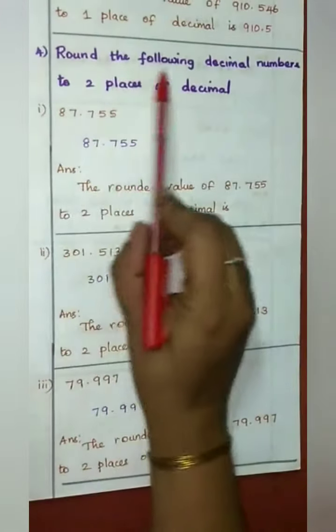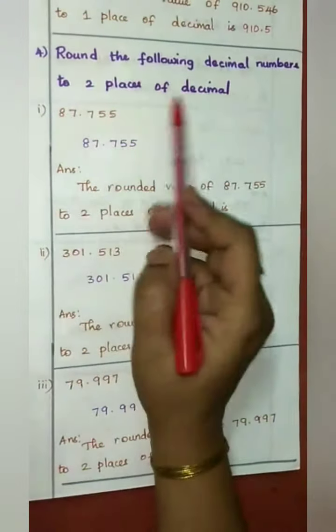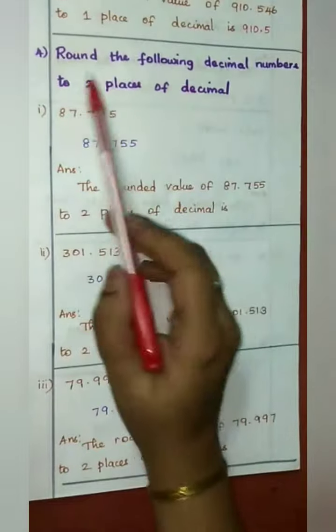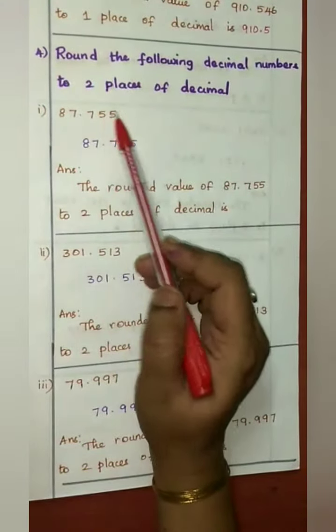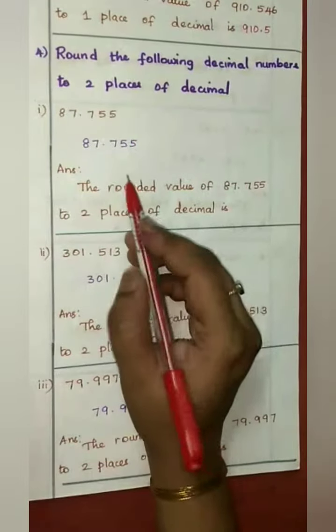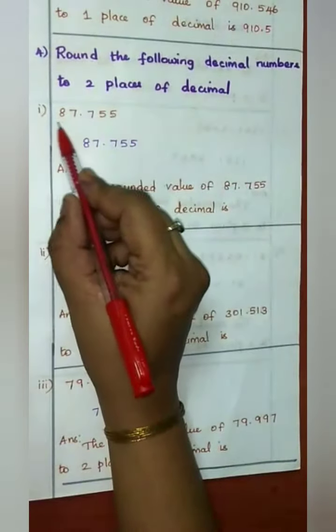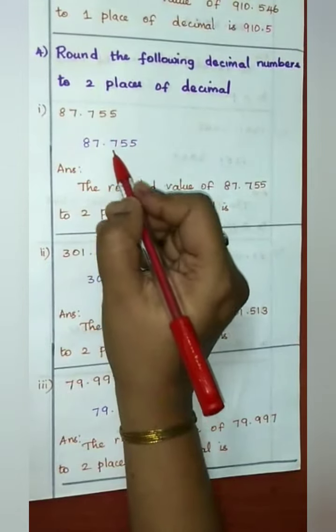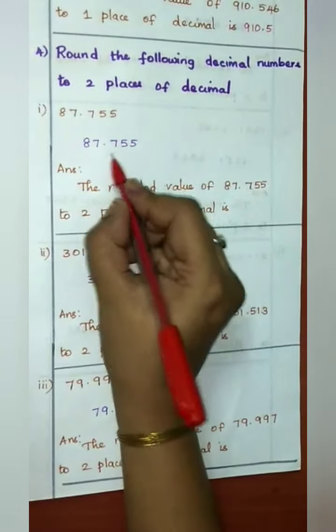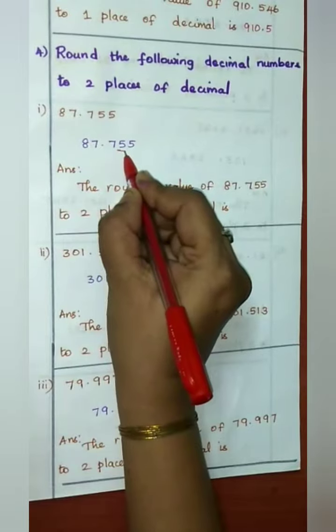Fourth problem, round the following decimal numbers to 2 places of decimal. So round to 2 places of decimal means round to the nearest 100th place. First subdivision, 87.755. First underline the digit in 100th place. So 5 is in 100th place.